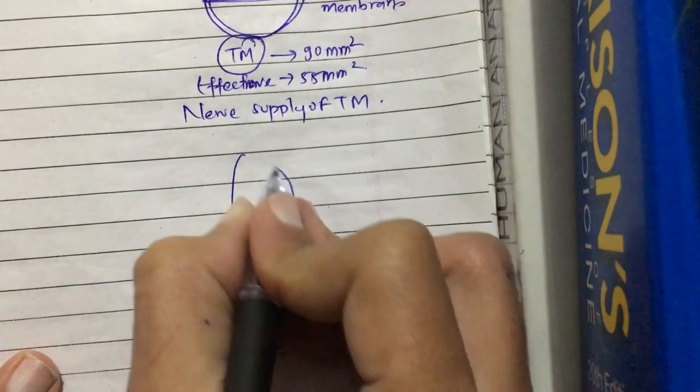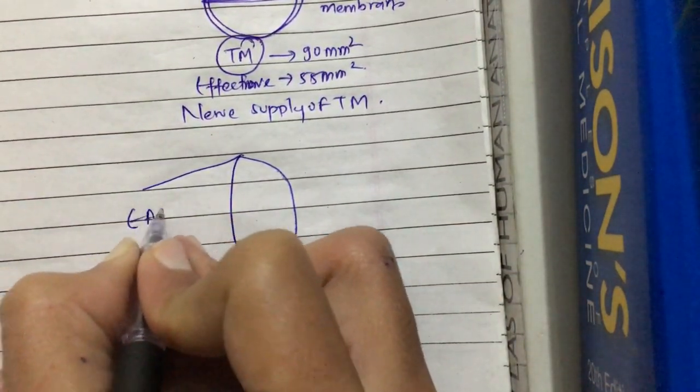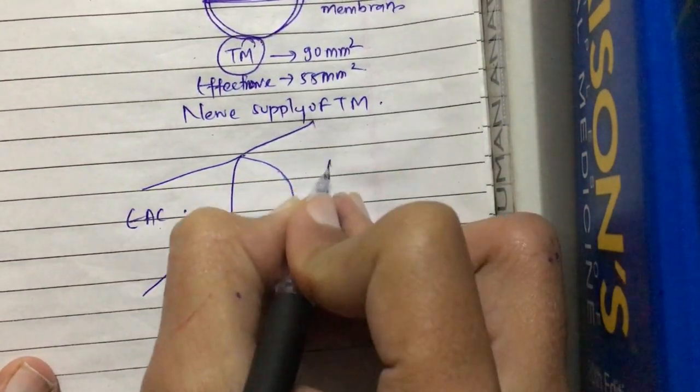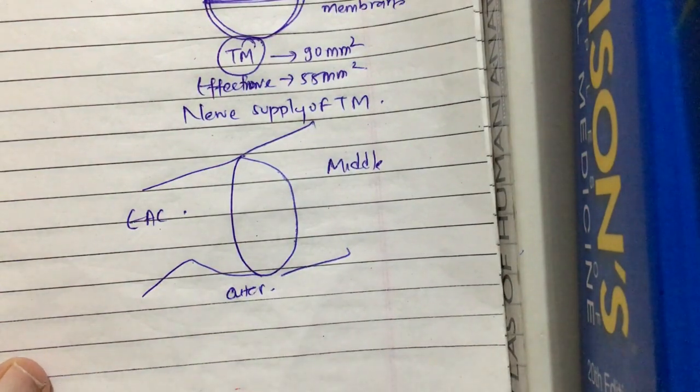The tympanic membrane has an outer side, towards the external auditory canal, and an inner side, towards the middle ear. The outer tympanic membrane is supplied by two nerves.